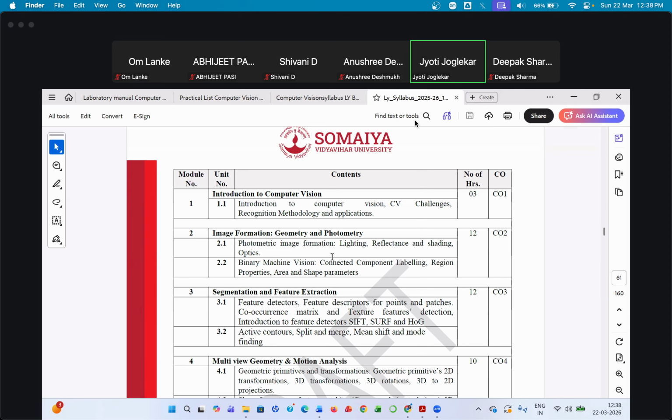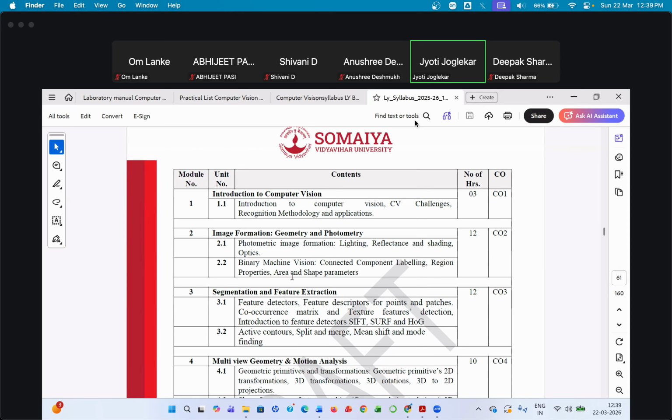So you study geometry and photometry of the images, how the image is captured, what exactly the image structure is, and how every pixel is located, what it shows in frequency domain, what it shows in spatial domain, as you are studying in digital signal image processing, and how the features in different domains can be extracted and how this can be used.